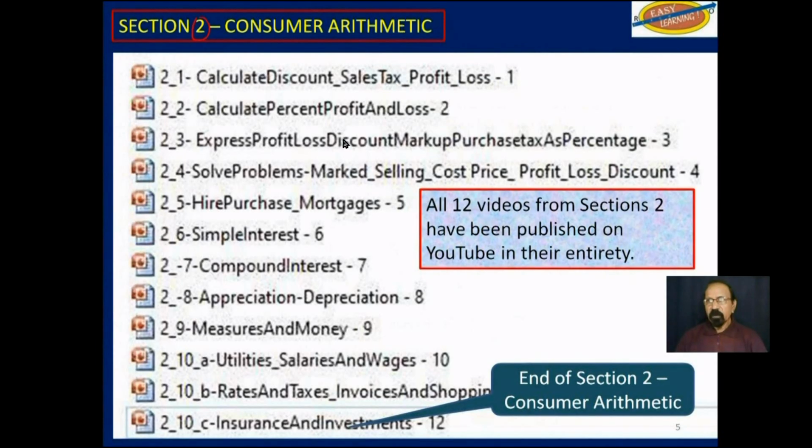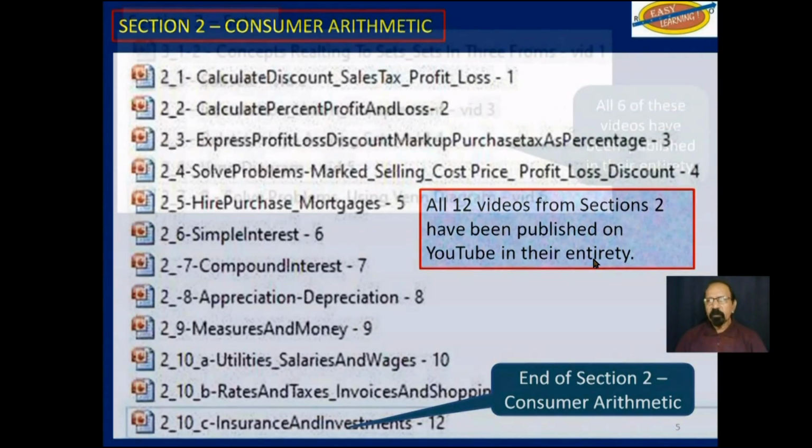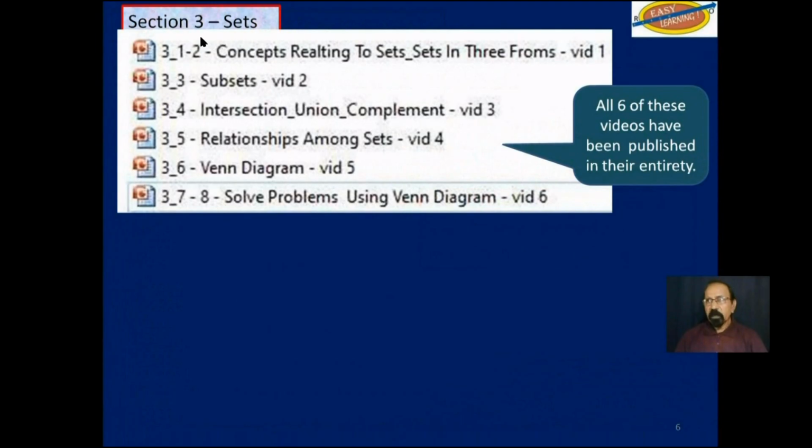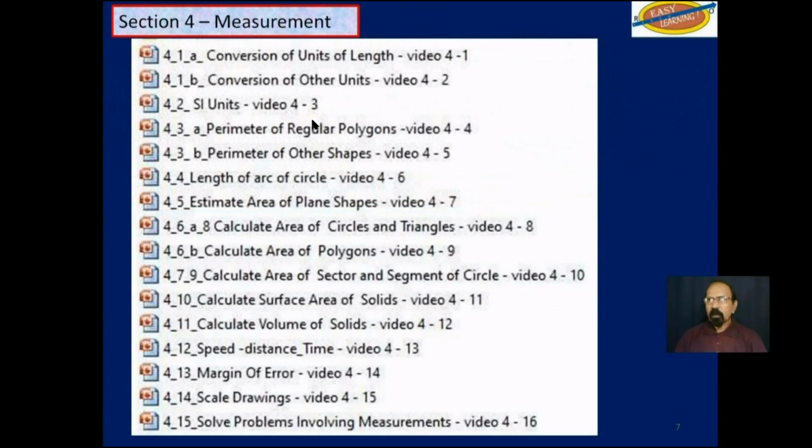From section 2, as just stated, all 12 videos have been published in their entirety on YouTube. From section 3, all 6 videos have been published on YouTube in their entirety. We are now at section 4, measurement. We are at this point here.